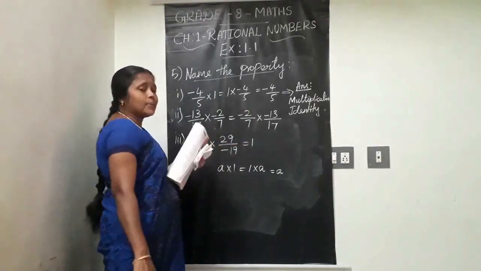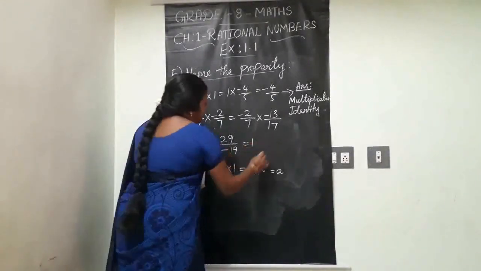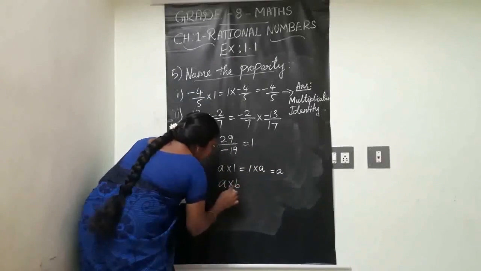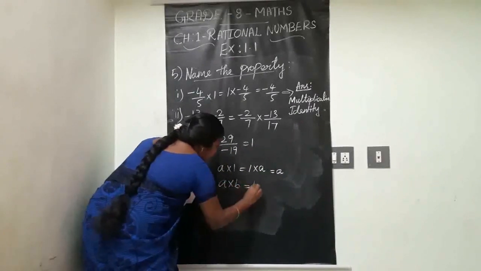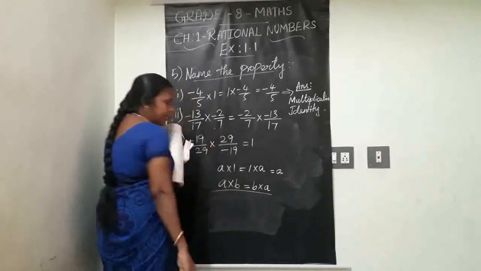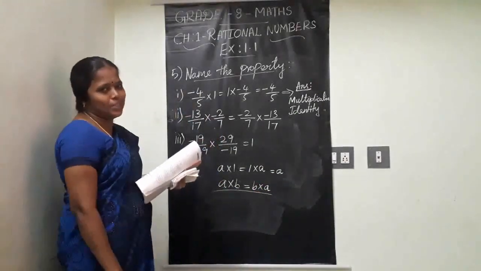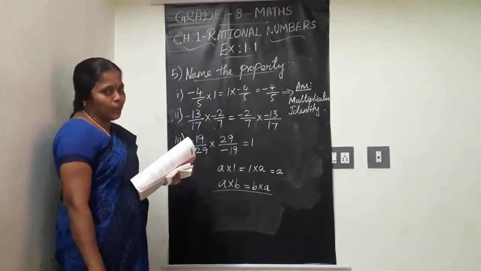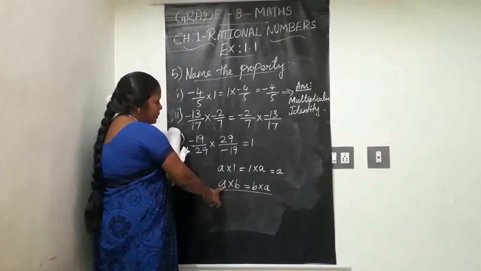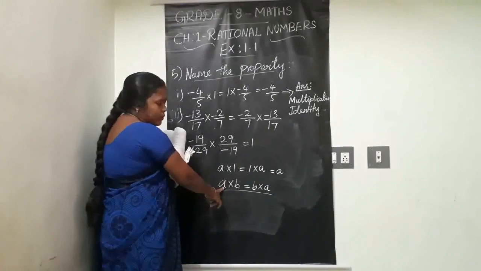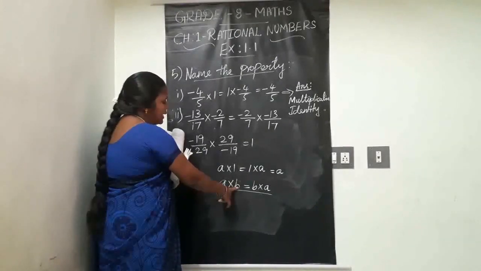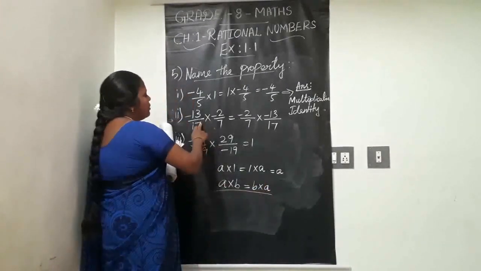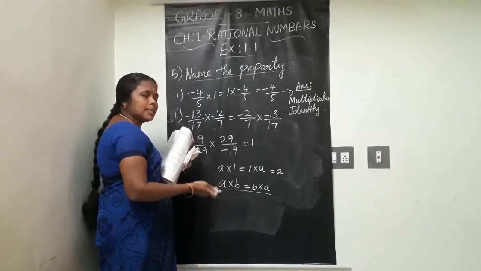Where have we seen this? For any two rational numbers a, b, a into b is equal to b into a. Where have we seen this property under multiplication? Commutativity only. Clear? Commutativity of multiplication for rational numbers. We can multiply the rational numbers in any order.